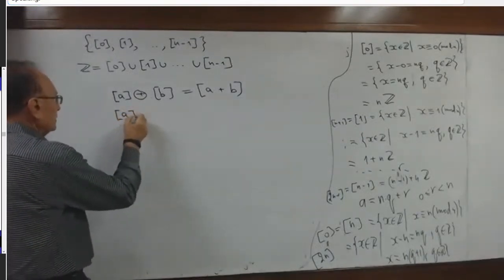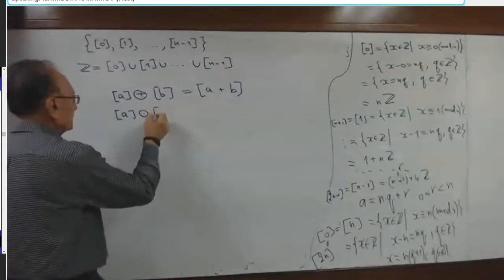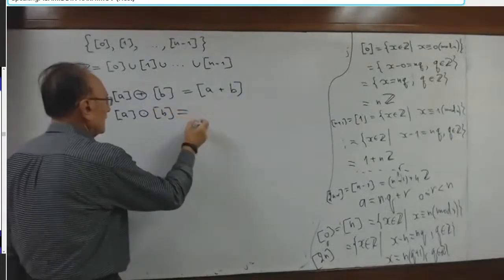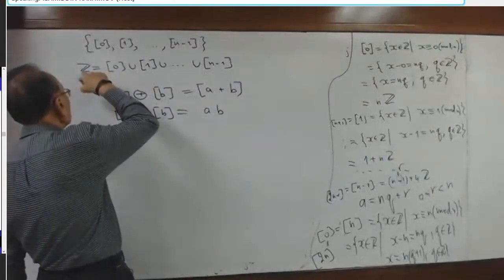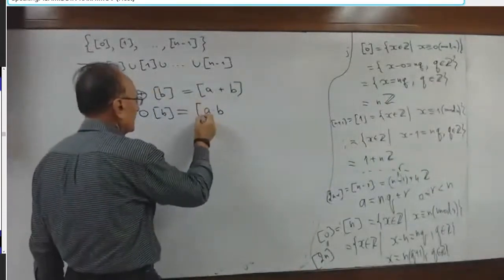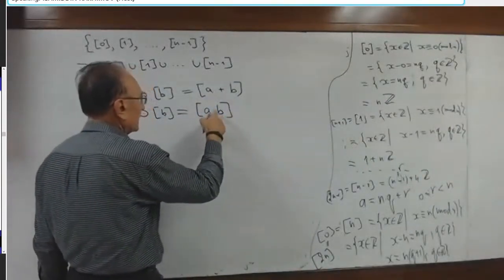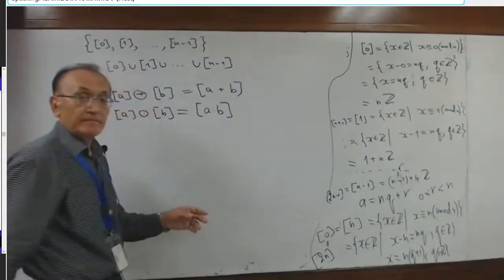Another operation is the multiplication operation. Again, I will multiply them, multiplication in Z, and the result I will divide by N with the remainder.